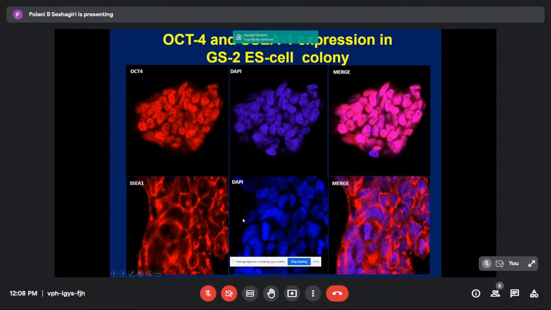So if you look at the DNA stained by the DAPI fluorescence and SSEA1 by this red fluorescence, they don't merge like here. So you know very specifically that these are different things. So anytime you take these cells and do this characterization, they should produce this. This is what is known as immunofluorescence phenotyping or molecular phenotyping.